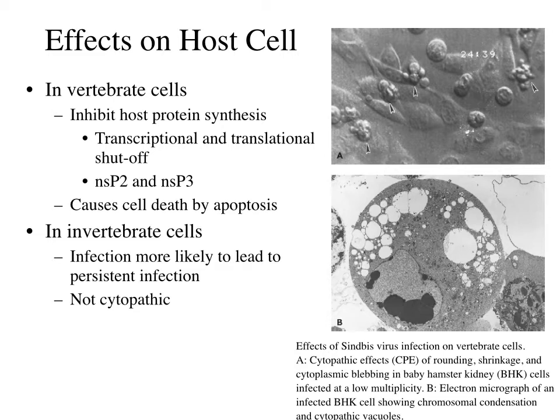So we see persistent infections, and it's also critical that the behavior of the mosquito not be affected. It has to be able to continue to go out and find hosts and so on. So we see that alpha virus infection of the invertebrate does not cause a change in fitness of the insect.